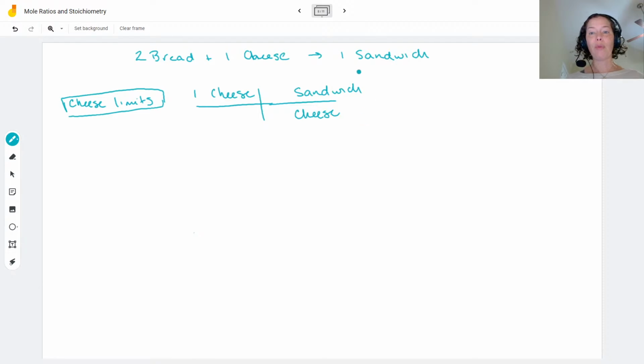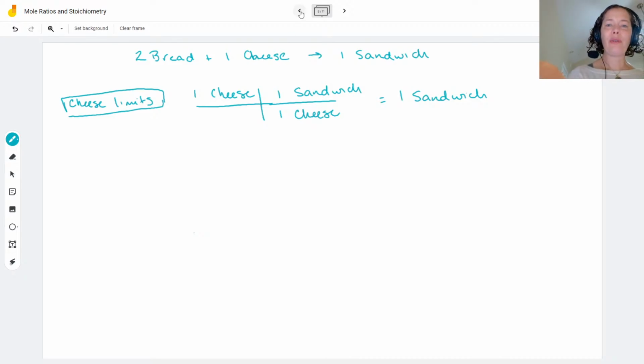And I'm putting in my mole ratio, which is a 1 to 1. And so I can make 1 sandwich. Which again, you already knew from the problem from the get-go, but this is mathematically how we work it out. These are the tools that you actually already have that we are going to apply to more difficult chemical reactions.